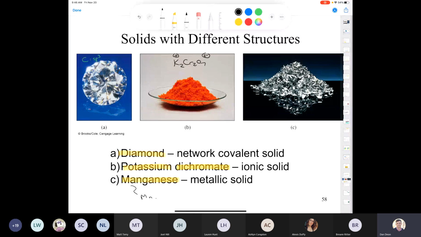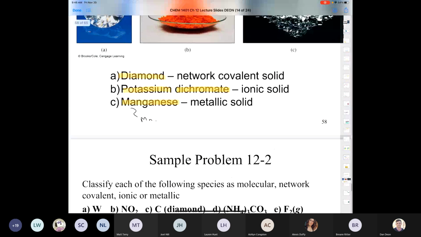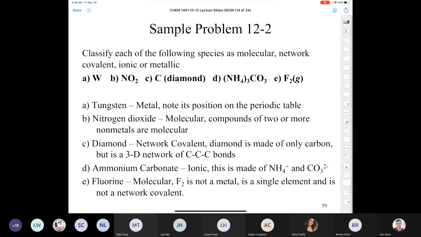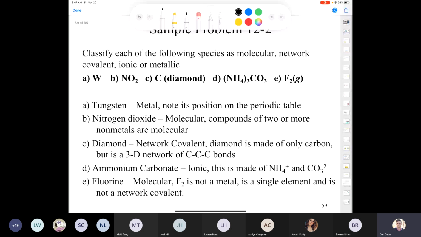Well, let's try a problem that gives you an idea of the kind of questions that we might ask here. It says, classify each of the following species as molecular, network covalent, ionic, or metallic. Well, we have the answers here, but let's discuss them. First one, tungsten. The reason we use the elemental symbol W is because of the name wolfram.